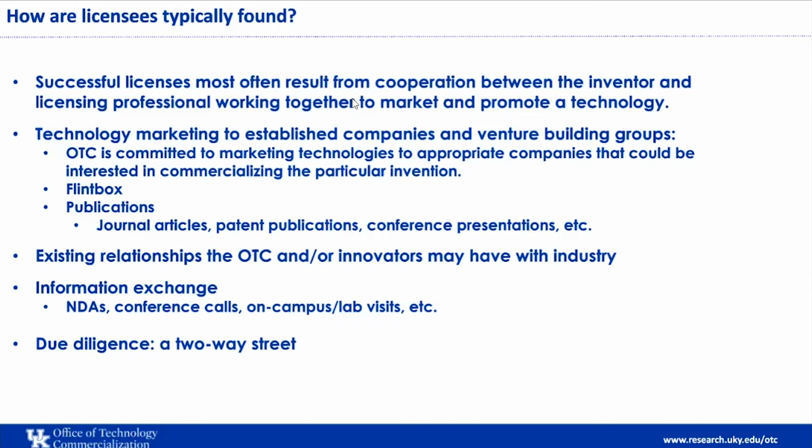So that's another way, and then of course we can't forget about the more traditional publications, the journal articles that our investigators publish, as well as patent applications, presentations at conferences, and things like that. All of those can lead to companies reaching out to us to learn more about the technology and the licensing opportunity. So when we get to that point, we're at the information exchange stage.